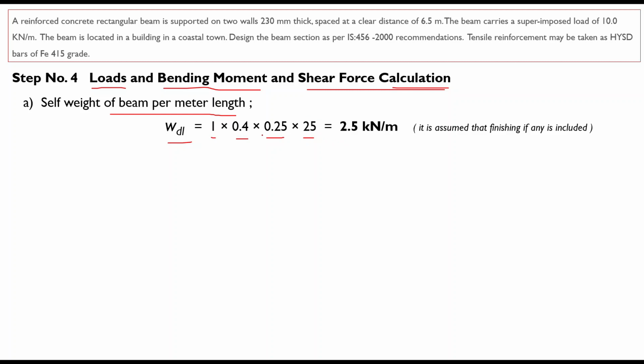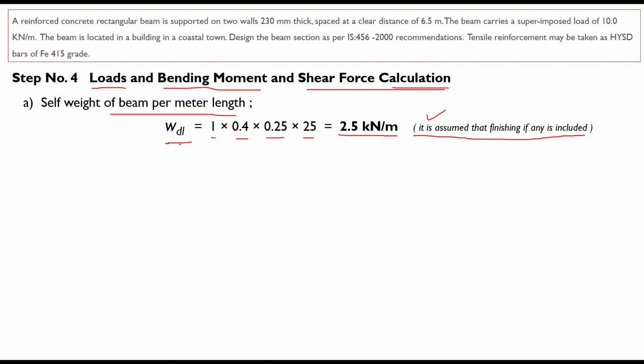So based on this calculation we are able to work out that this will be equal to 2.5 kilonewton per meter. So here we can say that we have assumed if any type of finishing is there. Generally in case of beams, finishing load is not considered, but still we are just writing here that it is already assumed that if any type of finishing is there, then that load of finishing is already included.